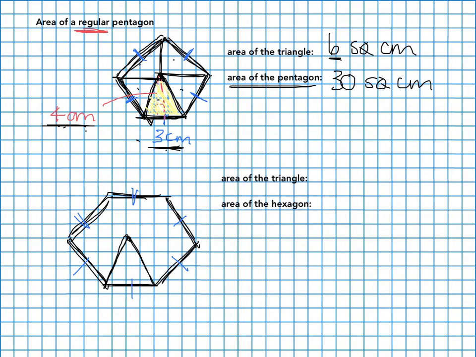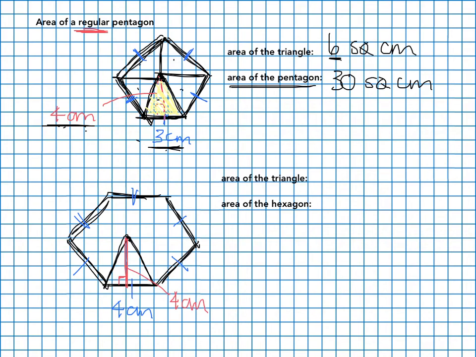So we're going to need some measurements, and in this case, our base is 4 centimeters, and let's be consistent with what colors we use. Then we use 4 centimeters here. And our height, ladies and gentlemen, let's just call that 4 centimeters as well.